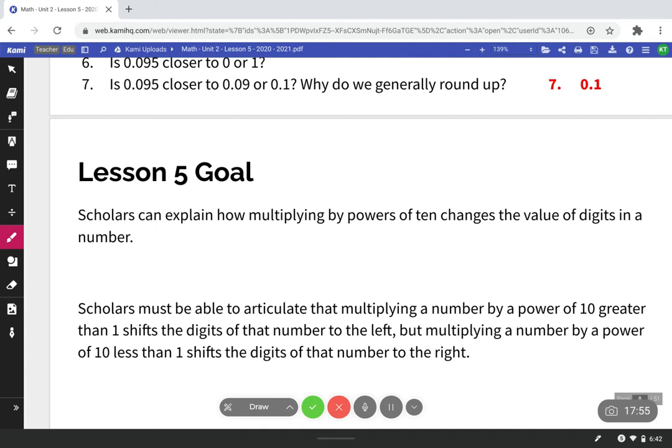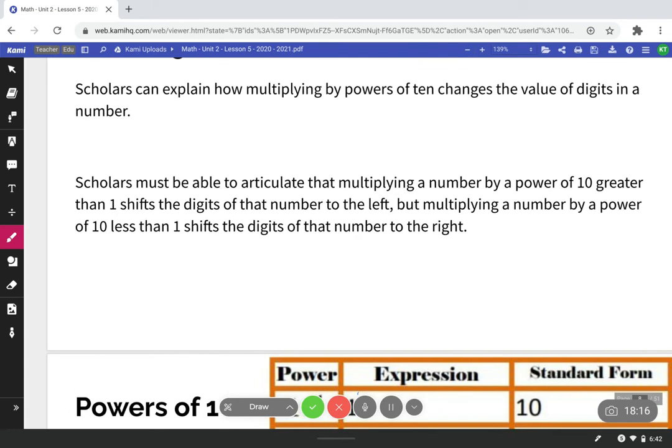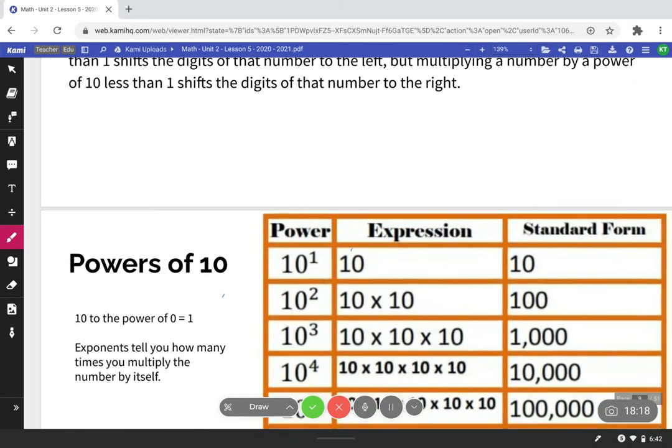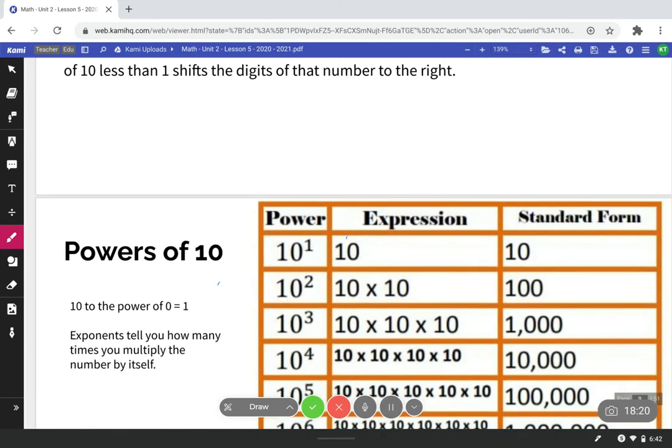Scholars will also be able to articulate that multiplying a number by a power of 10 greater than 1 shifts the digits of that number to the left. But multiplying a number by a power of 10 less than 1 shifts the digits of that number to the right. So let's begin. To the powers of 10.